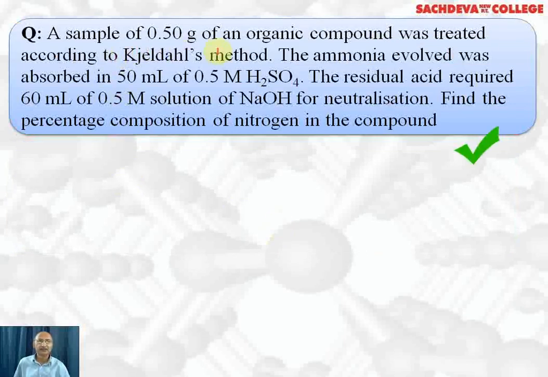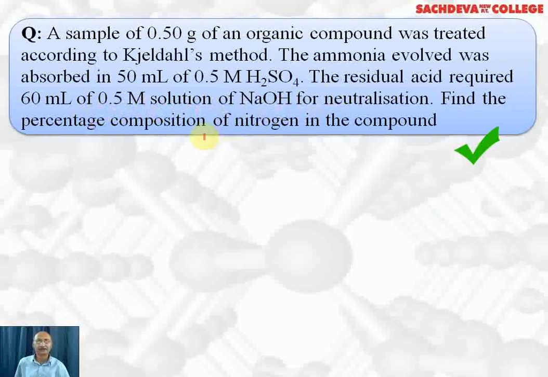Next question, a sample of 0.5 gram of organic compound was treated according to Kjeldahl's method. The ammonia evolved was absorbed in 50 ml of 0.5 molar sulfuric acid. The residual acid, that is the acid which was not utilized by ammonia, required 60 ml of 0.5 molar solution of NaOH for complete neutralization.